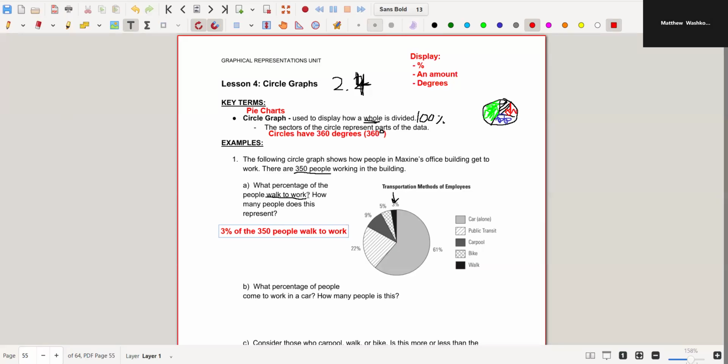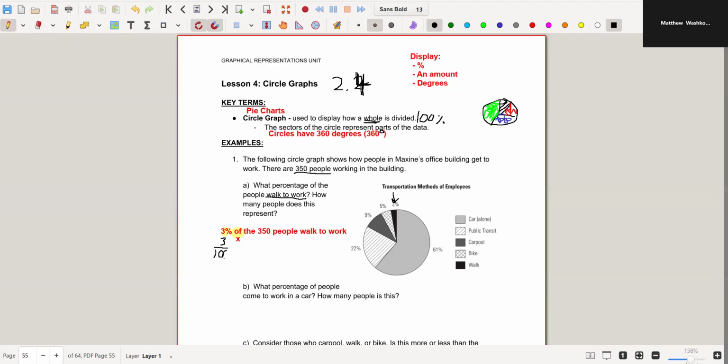The next question it asks us is, how many people does this represent? Well, let's think about this. Whenever you see the word "of," as in 3% of, this represents times. I'm going to multiply. Whenever you see a percentage, this represents 3 over 100, right?